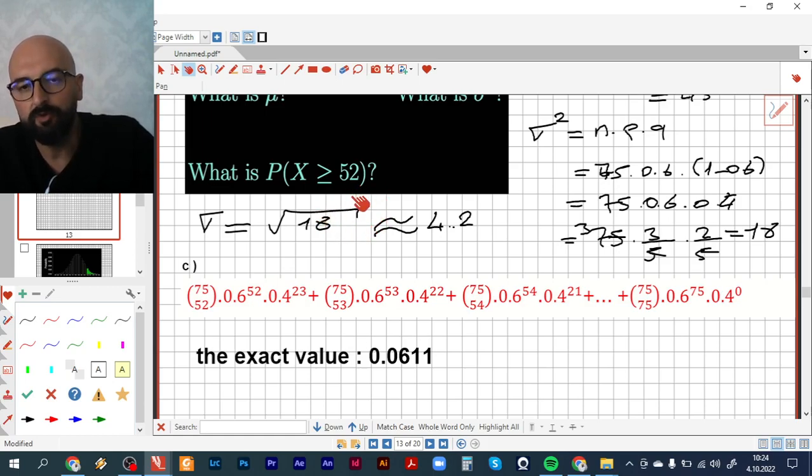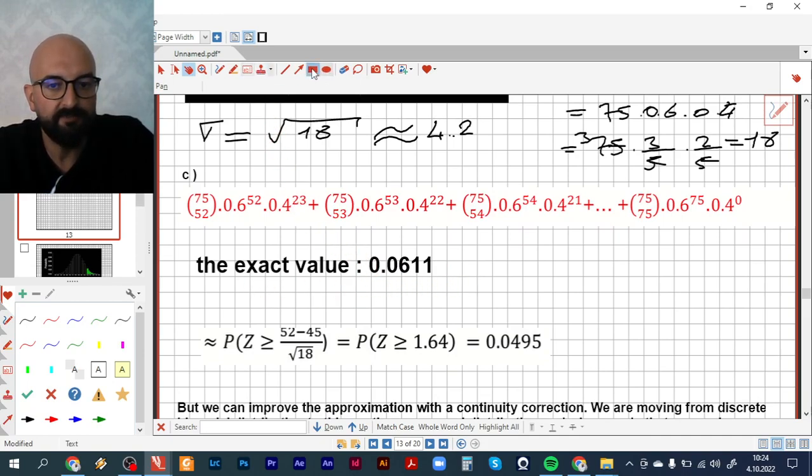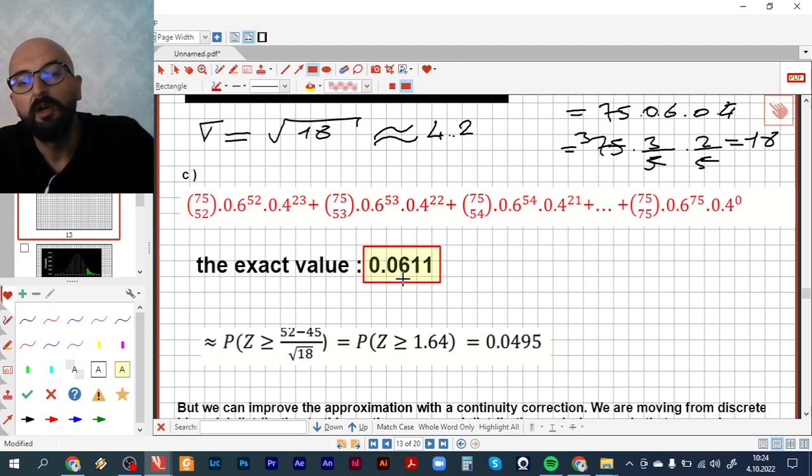If you figure it out by the binomial distribution, you come across a very long process. So our exact value is 0.0611.